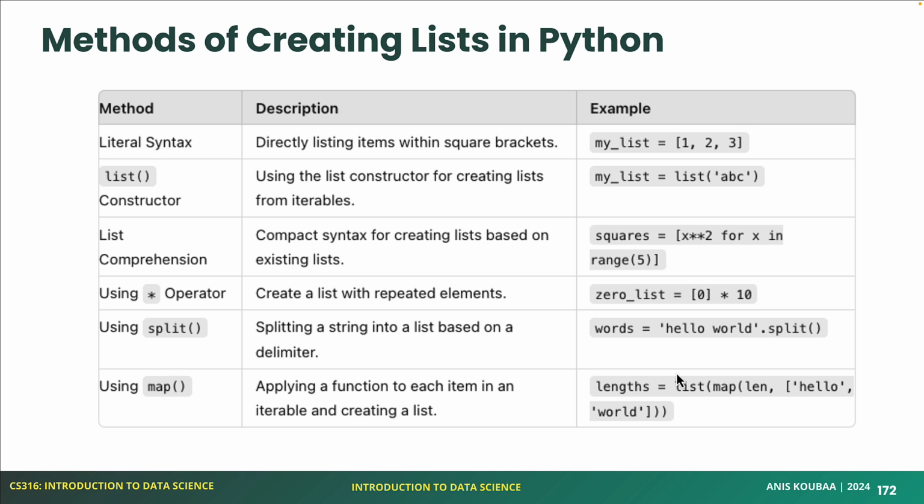And we can use the map function, list map. Here we have the length, and we apply the length, so this is going to create a list where every element will be the length of every string. So this is 5, and here 5 and 5.